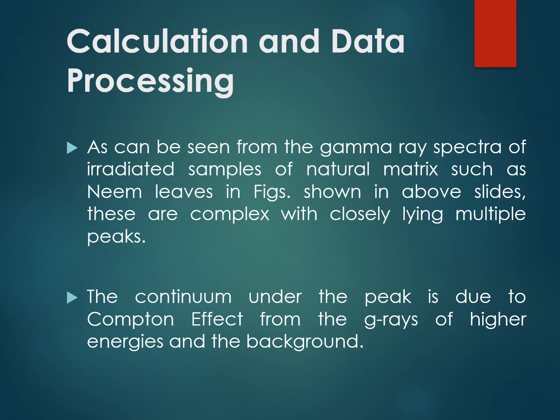The continuum under the peak is due to Compton effect from the gamma rays of higher energy and the background. So these peaks or the continuum, or we can say the irregularity under the peaks, is due to the presence of the Compton effect from the gamma rays having higher energy.